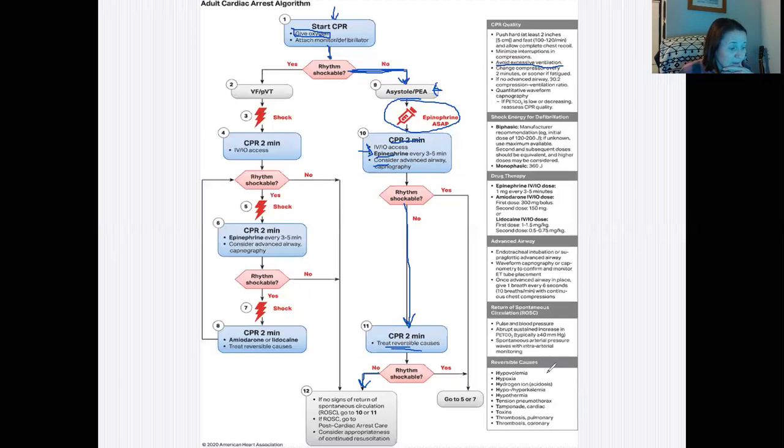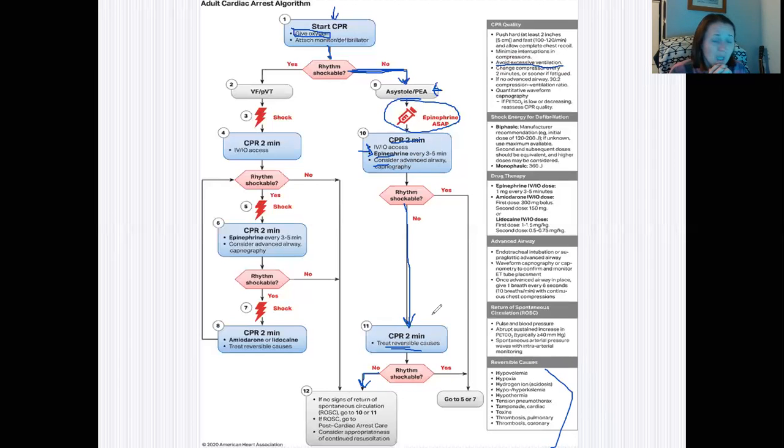And then get the reversible causes. If there's something on your list that's led to one of these reversible causes, we'll talk about it on the next slide, like I said, get that treated. But otherwise, if somebody's flatlined or in PEA, all you can do is epinephrine and continue your chest compressions, get your advanced airway in.